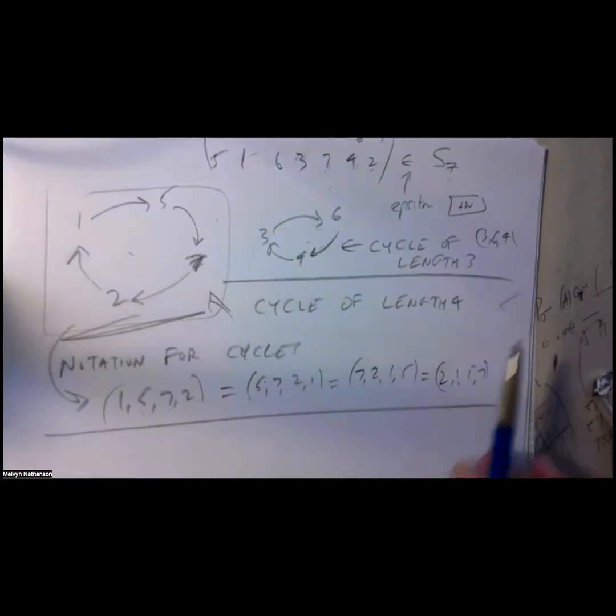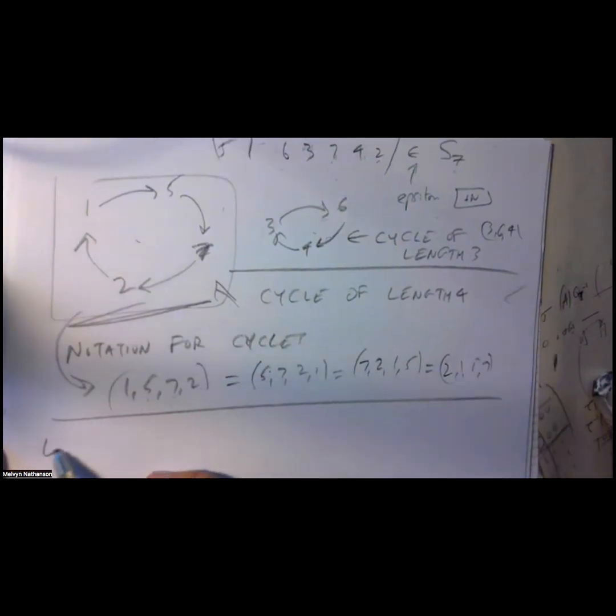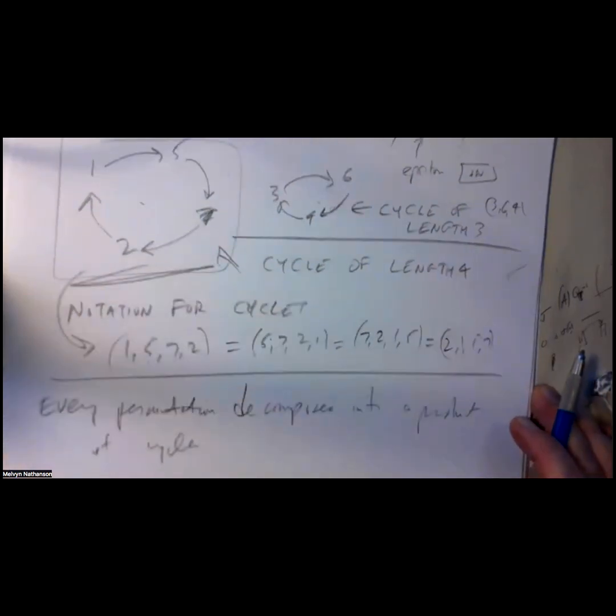And in fact, and this is very important, every permutation decomposes into a product of cycles. You can write every permutation as a product of cycles.